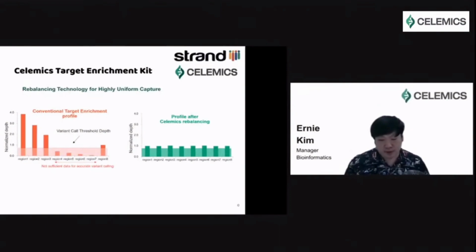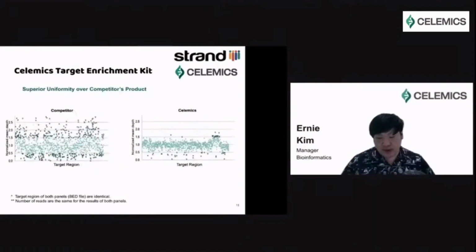Some regions are especially easily captured, while others, due to repeats, high GC ratios, or homology, are really hard to capture. And with Celemics rebalancing technology, we make sure that all regions are uniformly captured. And on the next slide, we can see that using real-life data, Celemics panel shows higher uniformity.